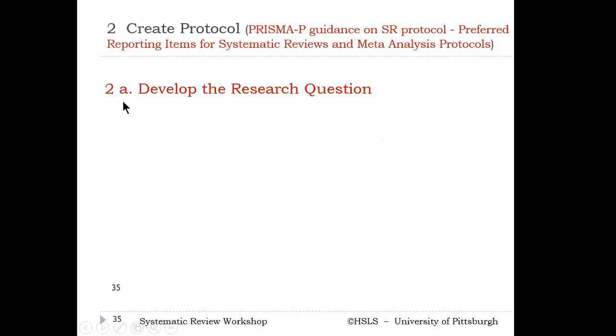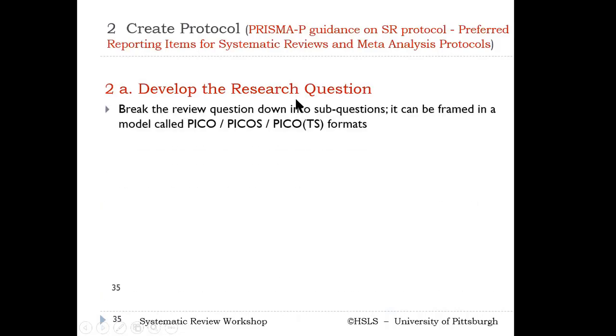The first step in creating the protocol is developing the research question. Actually, this is very important. With my experience in all my systematic review projects, finalizing the research question took a long time.